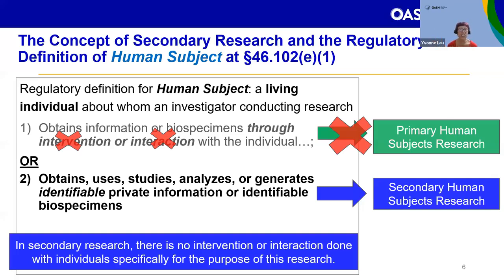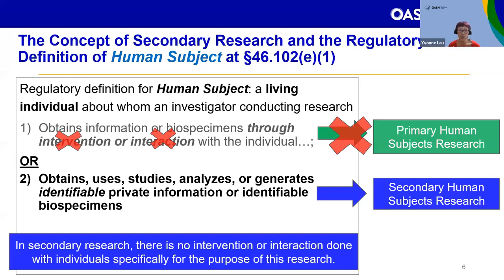So investigators come in and ask to use this private information or these biospecimens. And when they use this private information or biospecimens in an identifiable manner, that is when we refer to that type of research as secondary research and secondary human subjects research.